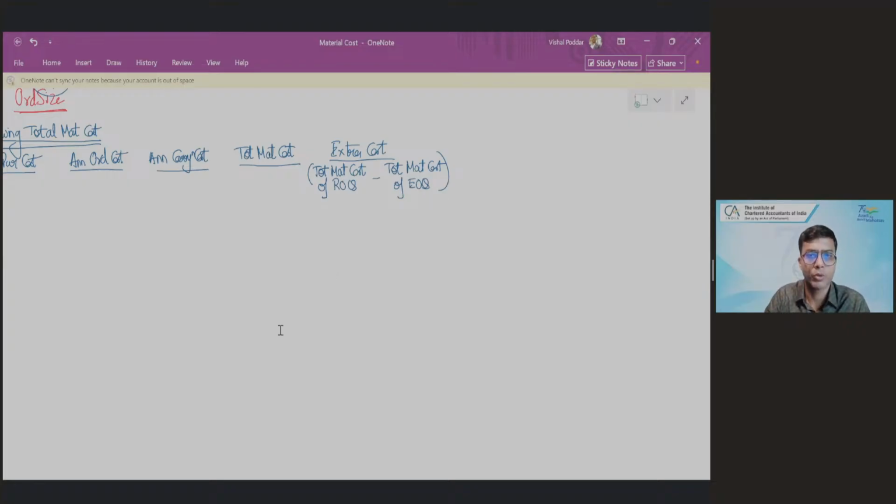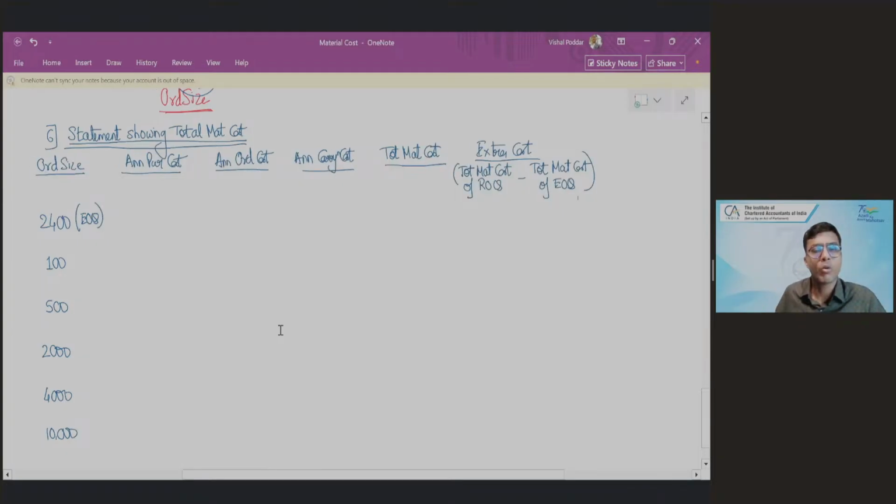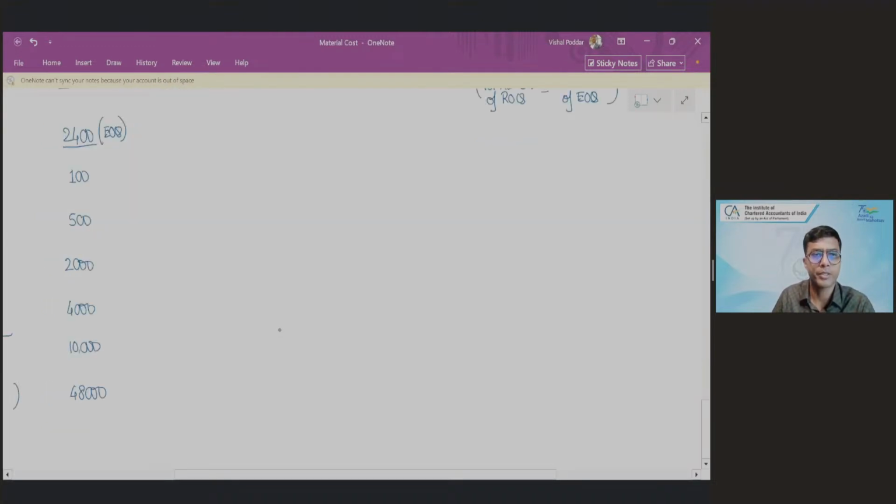So you have to simply prove to the management that, boss, you have selected a wrong quantity because your quantity will be giving you extra cost. Now, our EOQ is 2400. Purposely, so that you understand this, I have taken a few quantity options which are below EOQ and a few which are above EOQ, so that you get a feel that whatever order size you select, whether less than EOQ or higher than EOQ, your answer is always wrong because EOQ is the only perfect option.